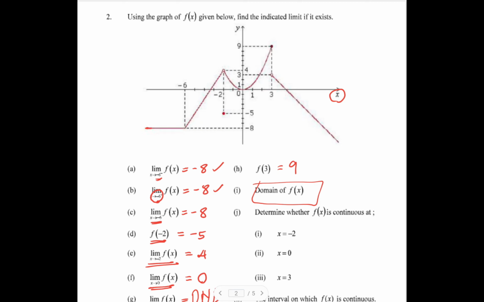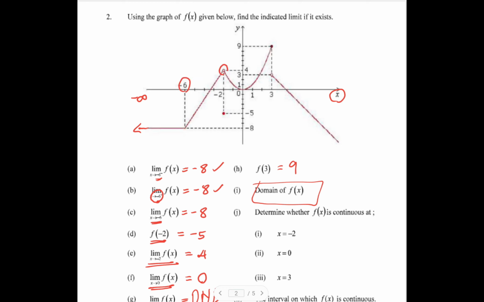Since here it does not stop, because if you have a symbol here, it means that it stops here, or if we have this other symbol, it is the same thing, it stops here. But now it does not have either of these two types of symbol, which means that the value does not stop until negative infinity. And then when we put here also, you have a value of x which is negative 6.